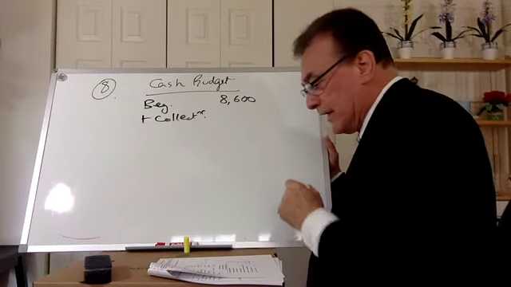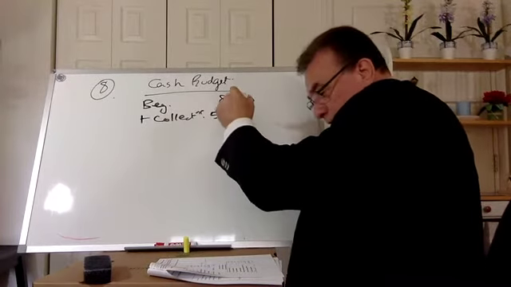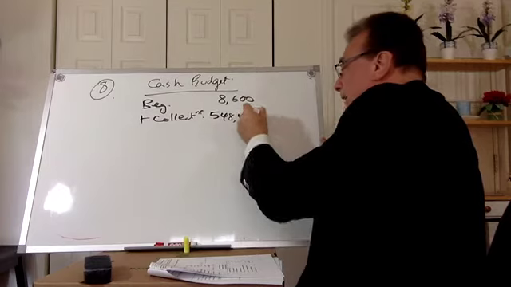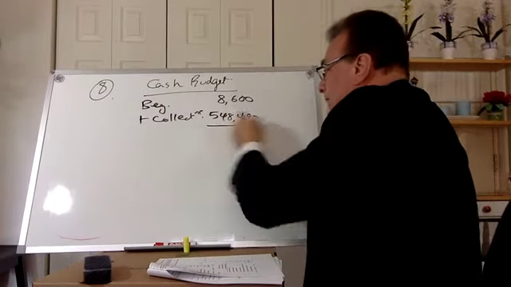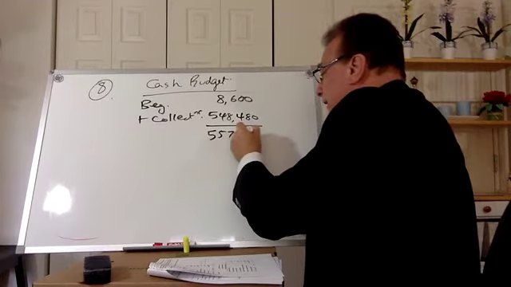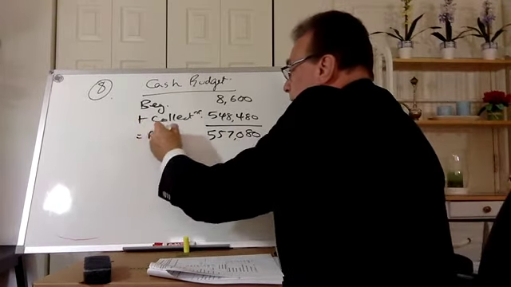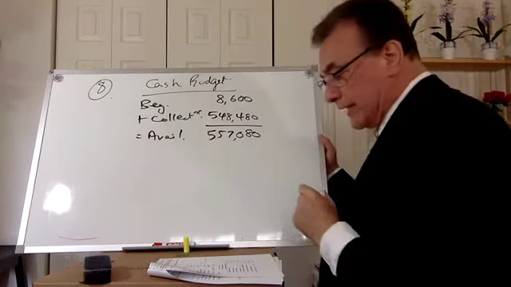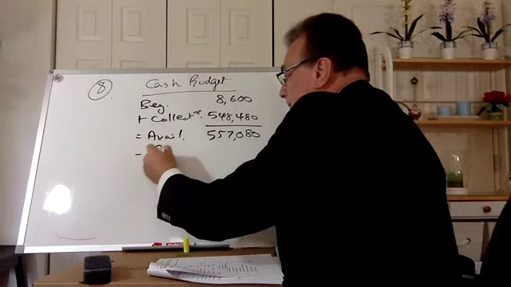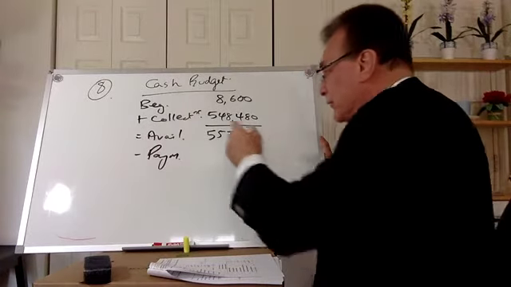That's 548,480. Okay. Total those together, 557,080. That's the total cash available. Subtract your payments. Okay, and that's 563,420.